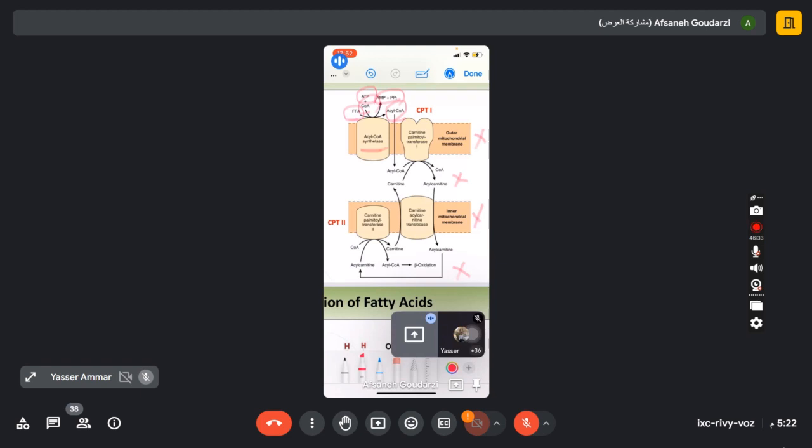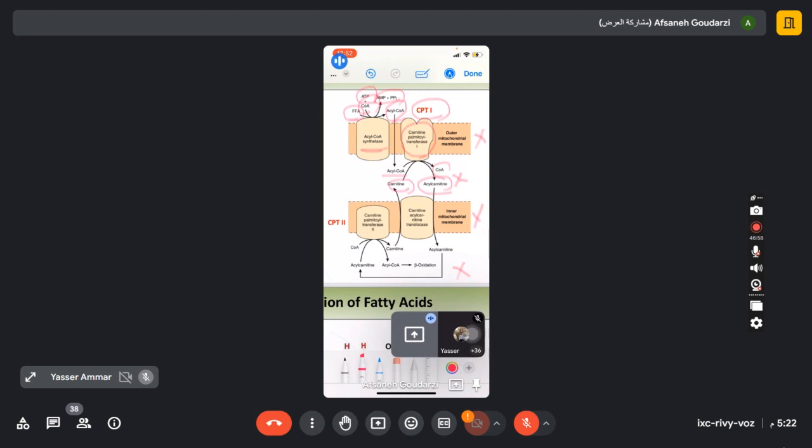Then acyl-CoA passes through the outer mitochondrial membrane, and here you see we have one enzyme known as carnitine palmitoyl transferase 1, abbreviated as CPT1. The acyl-CoA, by the function of CPT1, releases its CoA and binds to carnitine.